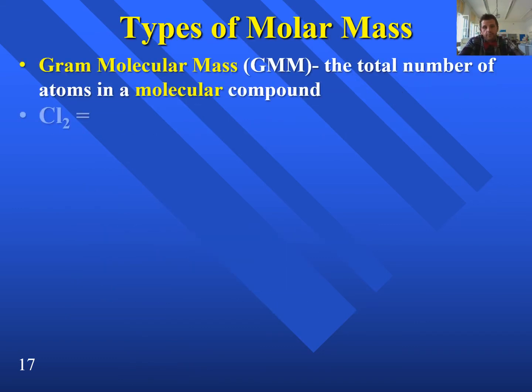So the difference between gram molar mass and gram formula mass is just the types of bonds. If we're trying to figure out gram molar mass of Cl2, I would just look on my periodic table. I see it looks like this. So I have 17 Cl and then 35.45.